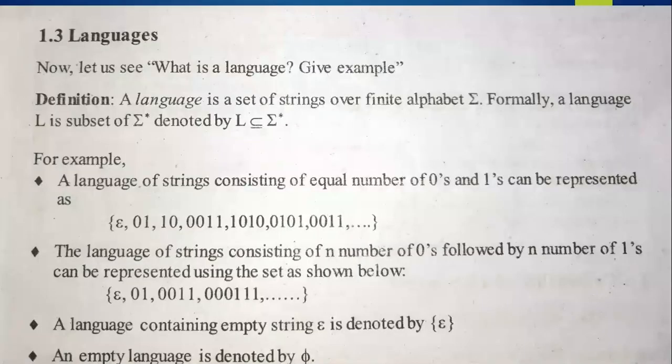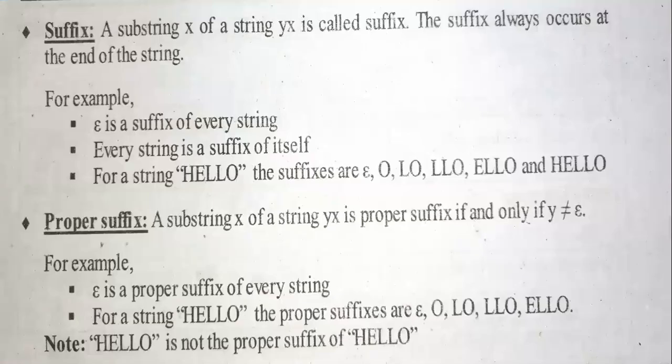Okay, fine. Next, suffix and proper suffix. This is also exactly the same. A substring X of a string YX is called a suffix. Here X is what we are targeting out of the string YX. I told you, if X appears before Y, we call it a prefix.